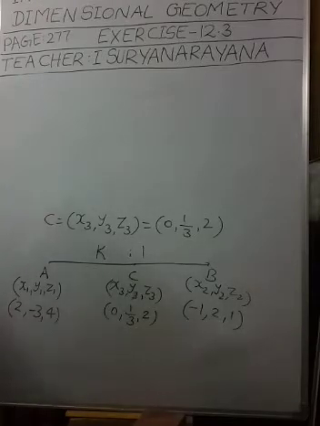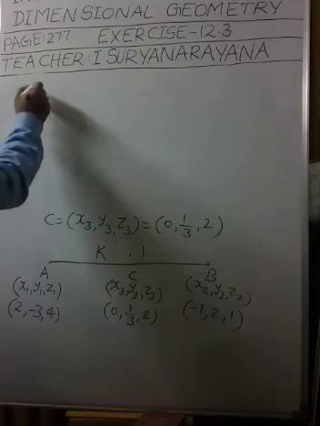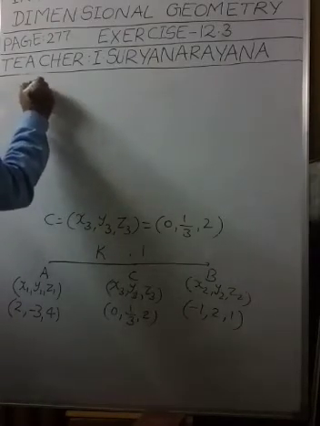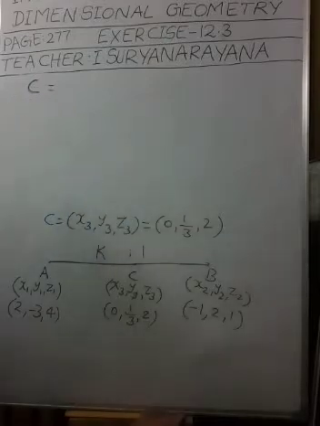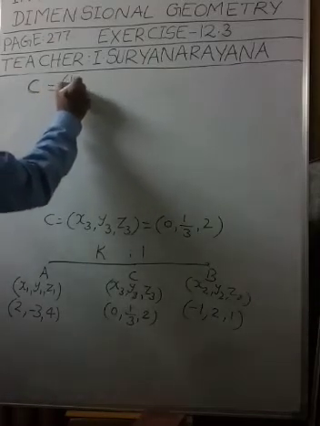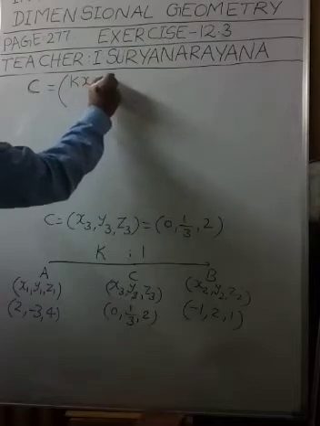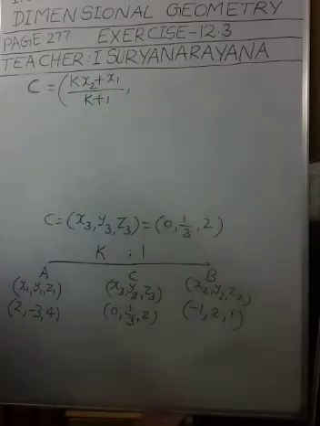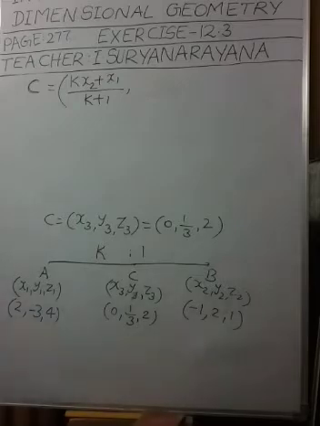First, let us write the formula. Assuming that C is dividing the line segment in the ratio k is to 1, the x coordinate of the point C is (kx2 + x1)/(k + 1).